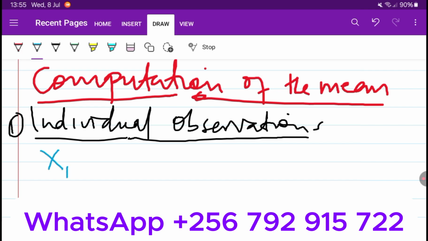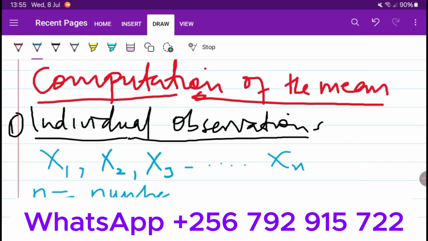This is x1, x2, x3, and maybe going up to xn. And our n is now going to be the number of observations. N is going to be the number of observations.